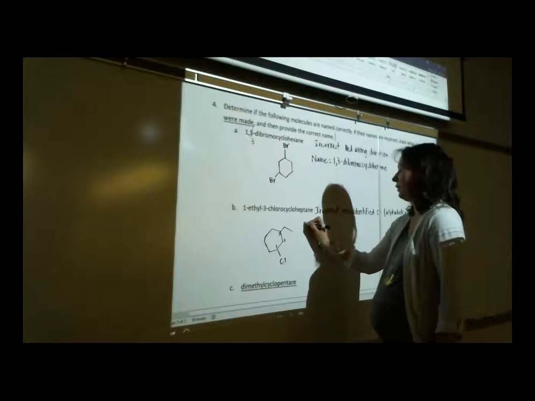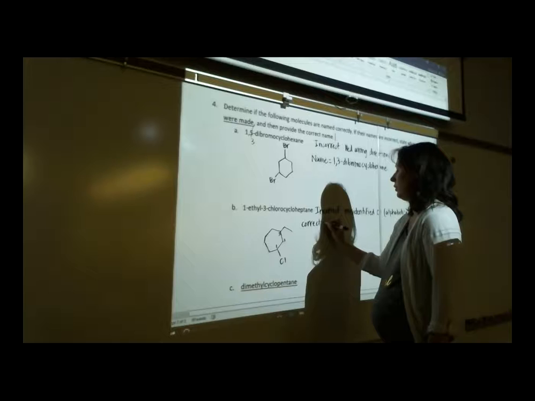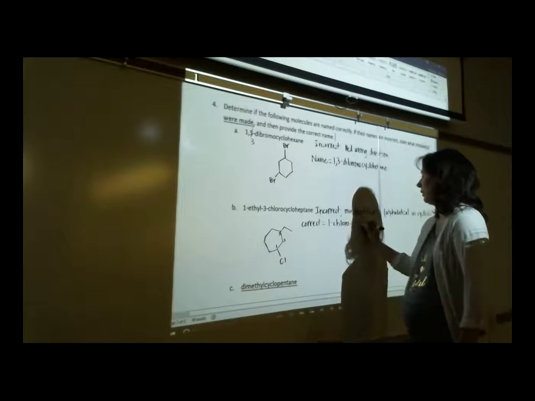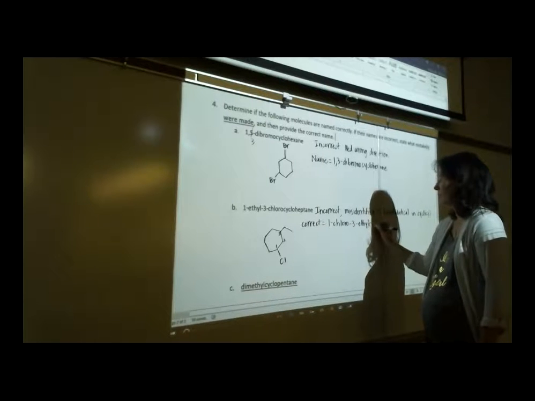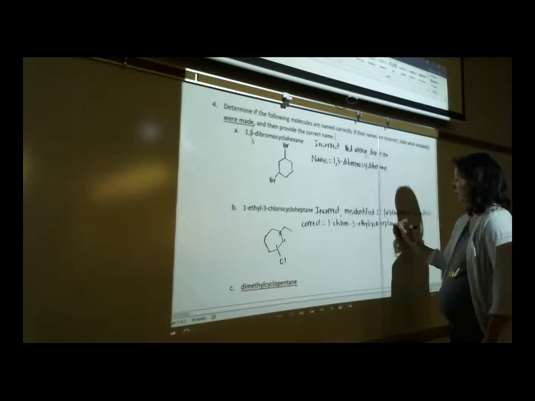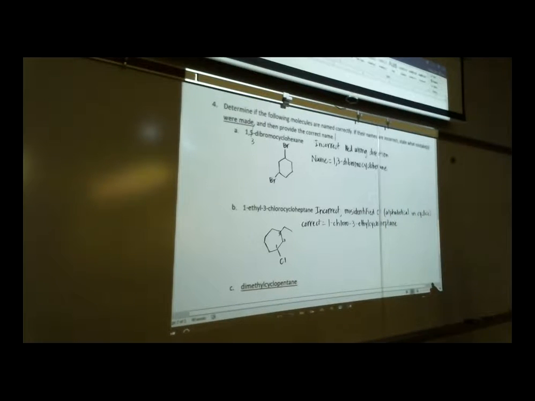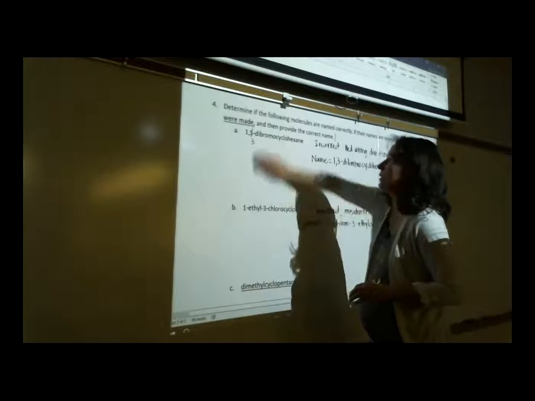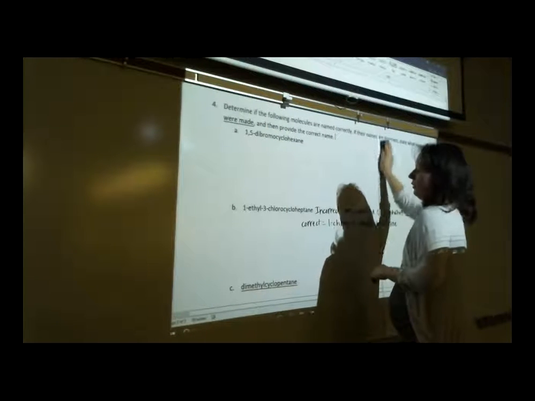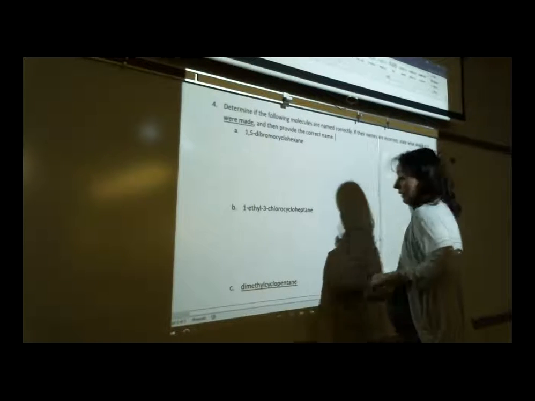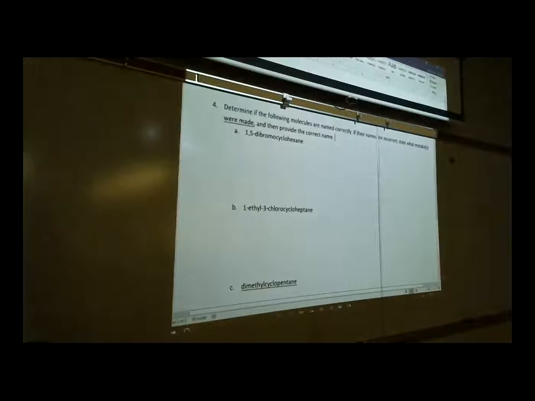So it should be 1-chloro-3-ethylcycloheptane. They just picked the wrong carbon number 1. All right. Part B is something I see a lot.